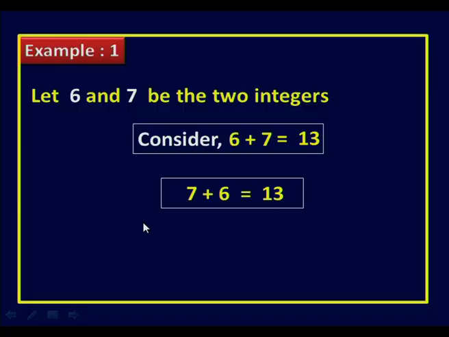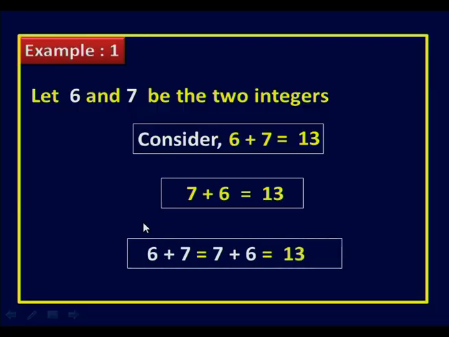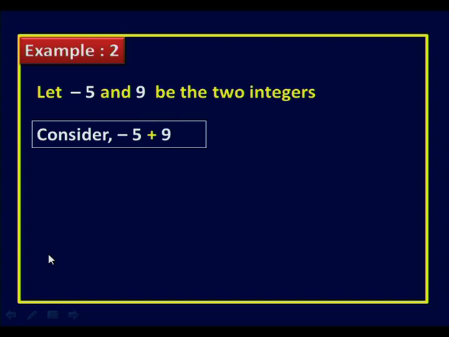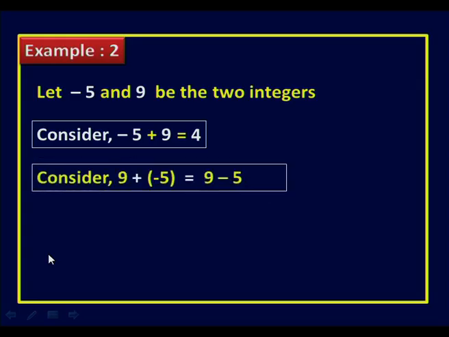Now, from these two, what do you conclude, children? Yes, I can write 7 plus 6 and 6 plus 7, both are equal, isn't it, children? Take a look at another example now. I will take a negative number and a positive number. Let minus 5 and 9 be the two integers. Now, let us add them again, minus 5 plus 9, and adding these two you get plus 4. Now, let us add these two numbers in other way, children, that is 9 plus minus 5.